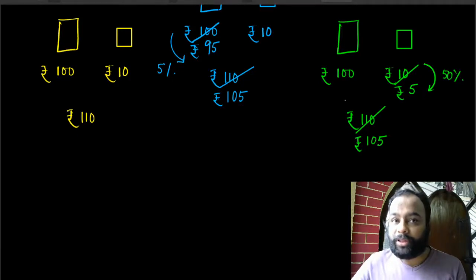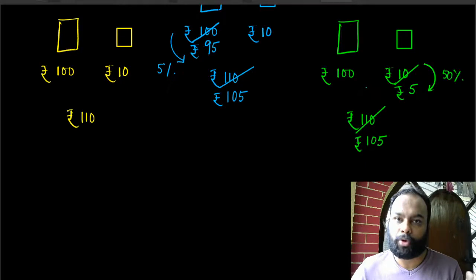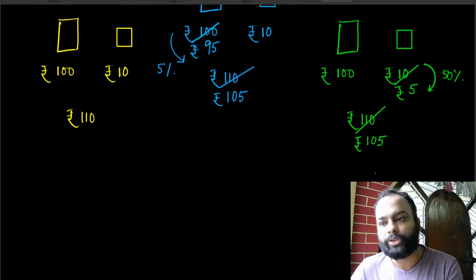Even though you would be paying the equal amount of money in both shops, because both are identical essential commodities, you have to buy both of them. The total amount of money you will be paying would be identical: if you go to this shop, you will be paying 105 rupees, and if you go to this shop, you will again be paying 105 rupees.